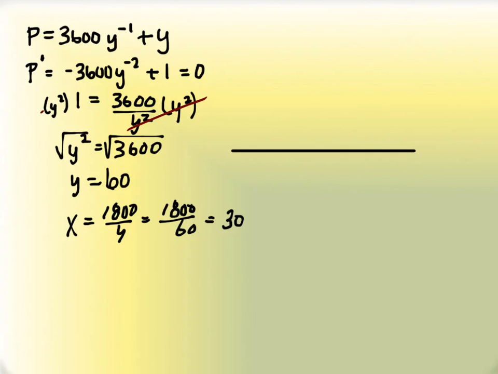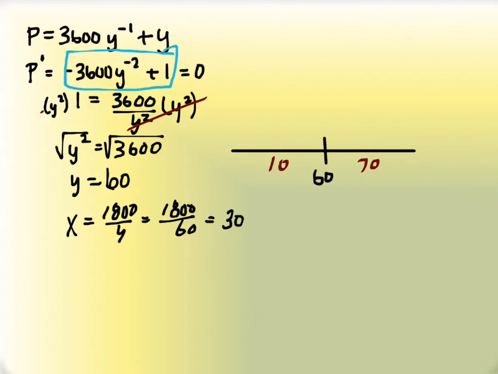In particular, if I draw a number line and I put the y value on the number line at 60, and then I use the derivative, I need to test a point smaller than 60 and a point bigger than 60, but it can't be 0 or smaller. It needs to be something larger than that. So maybe you decide you're going to test 10 and 70 or something like that.